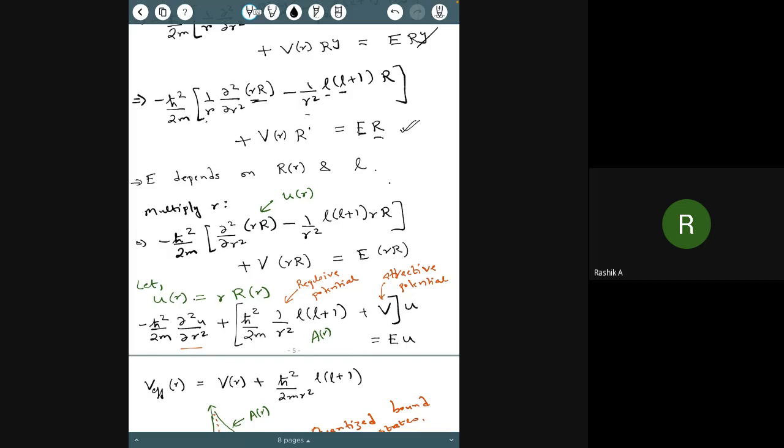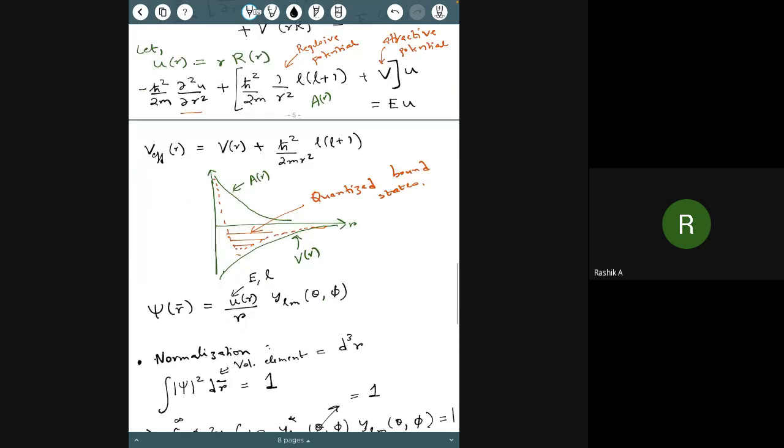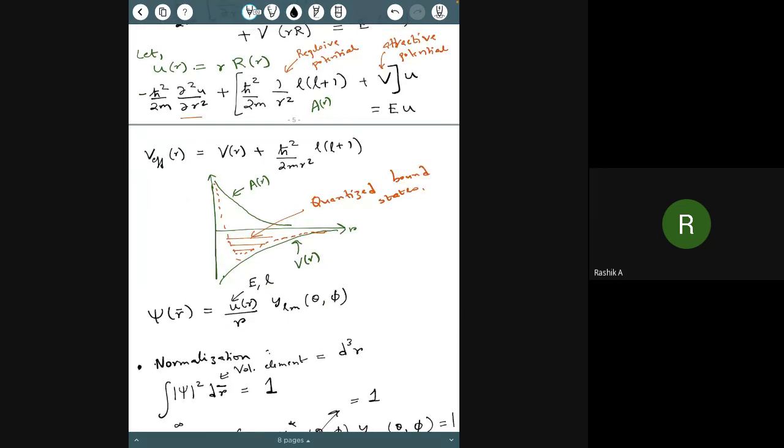In trying to do so, we made a variable change where we defined a u, which was r times R. Then we saw that we could separate out the Hamiltonian into an effective potential and a kinetic energy term.